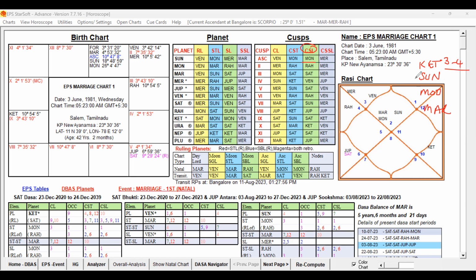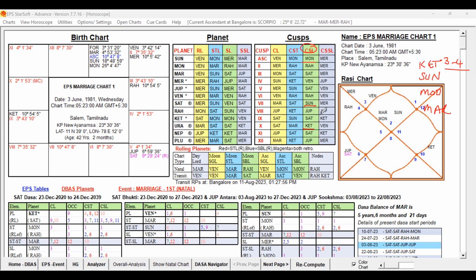Only the other cuspal sublords last for about 5 to 9 minutes. So if the cuspal sublord is Moon, Sun or Ketu, just adjusting 1 or 2 minutes can obviously change the cuspal sublord also, right? We have to keep that in mind.